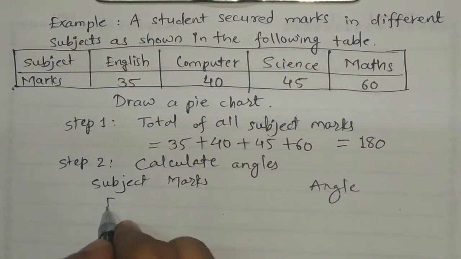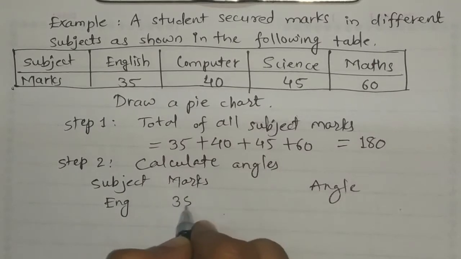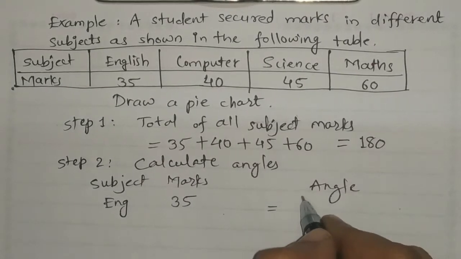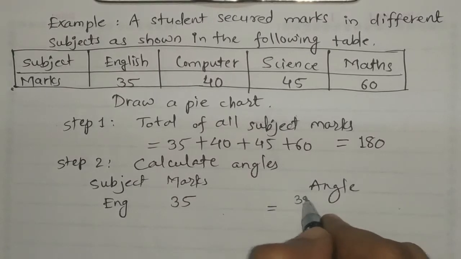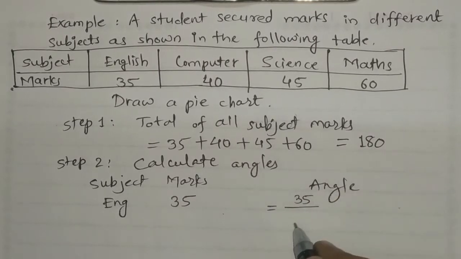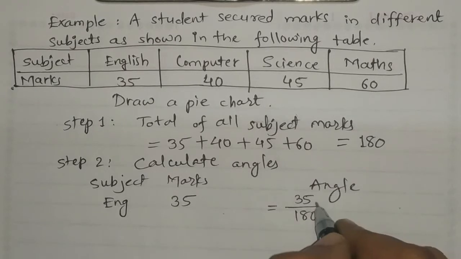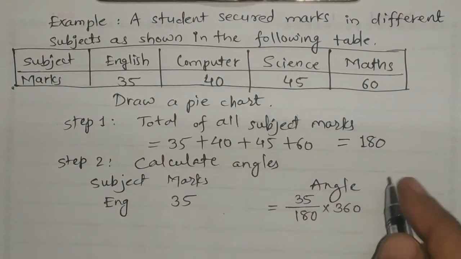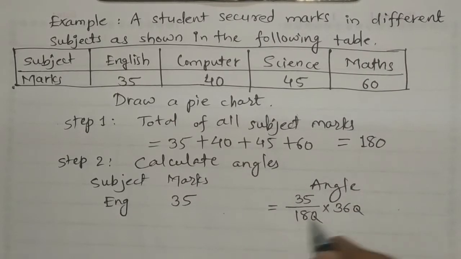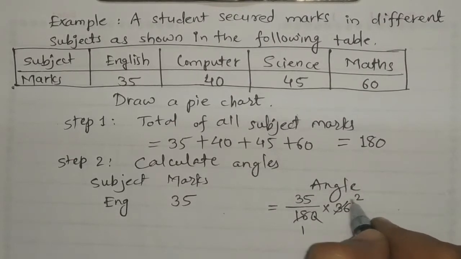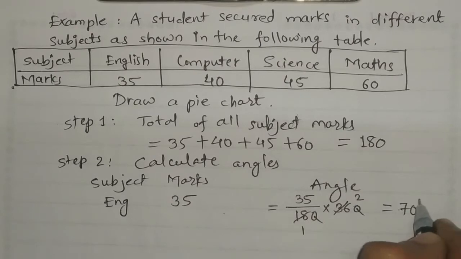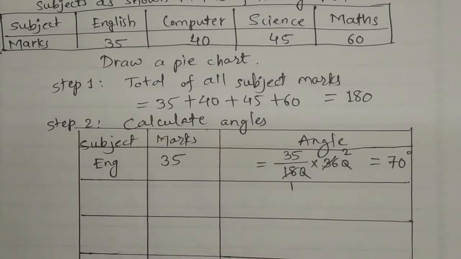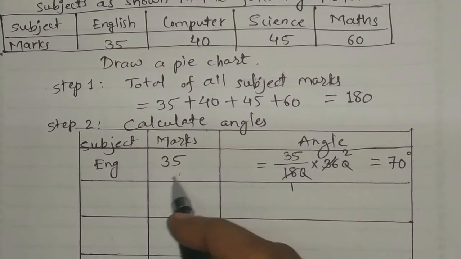As we have the English subject with 35 marks, we will calculate its angle: value of the component, 35, divided by the total value, which is 180. Value of one component divided by total into 360 degrees. So simple, we'll do the calculation. 18 ones are 18, 18 twos are 36, so 35 twos, we will get 70 degrees. So in step 2, we are calculating angles.